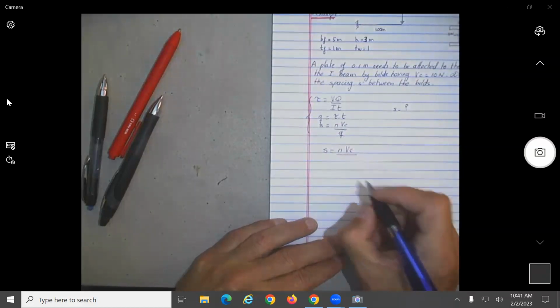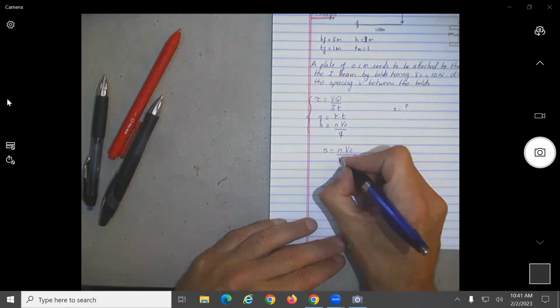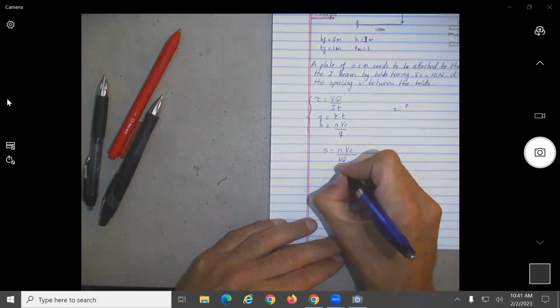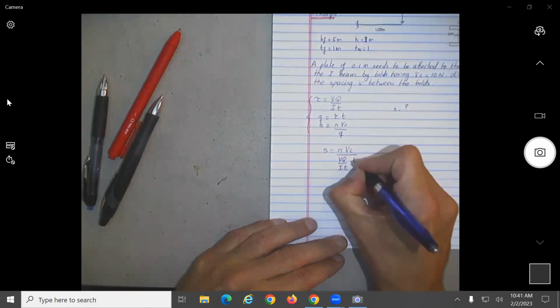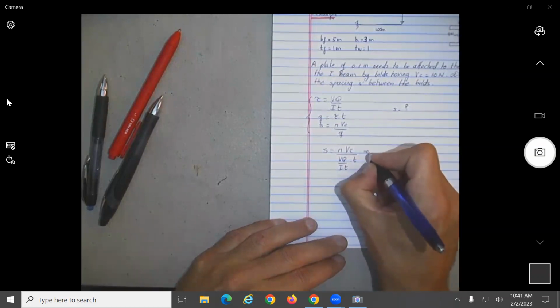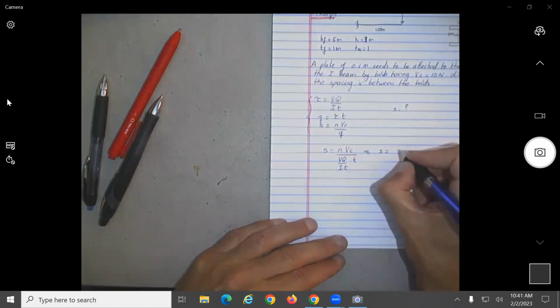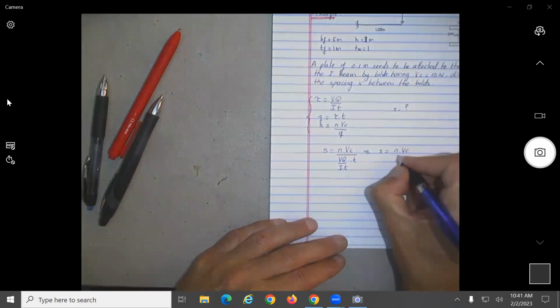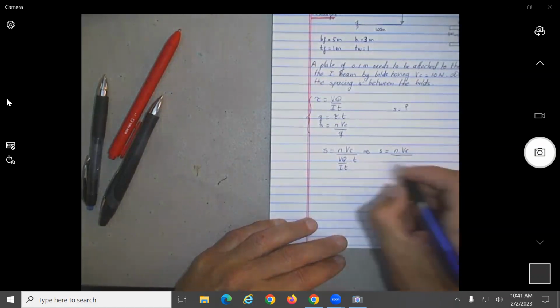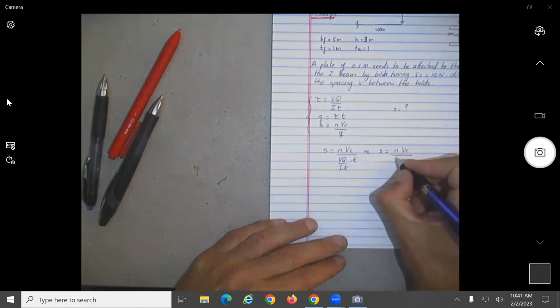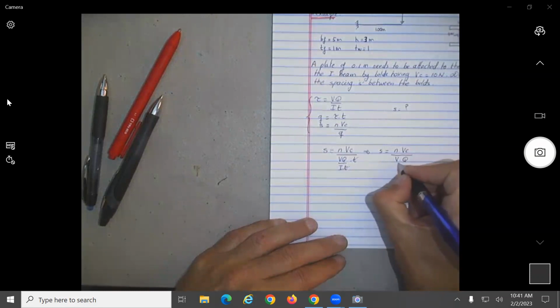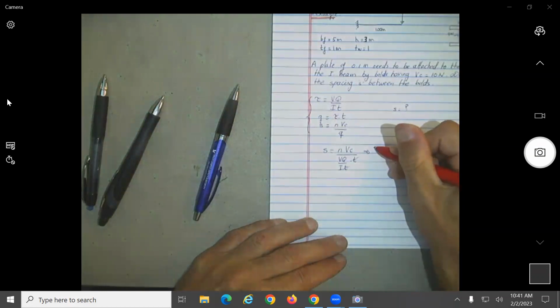What should be Q? Should be VQ over IT times T, which will give that the equation we need is N BC divided by VQ over I.